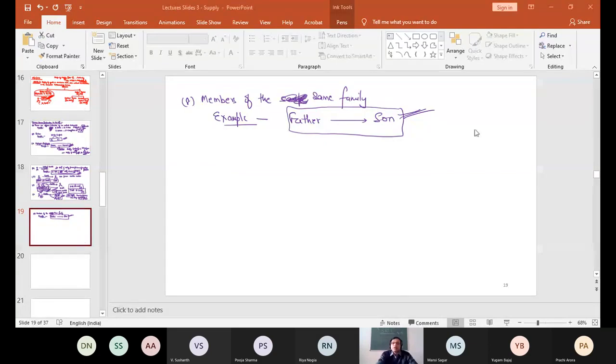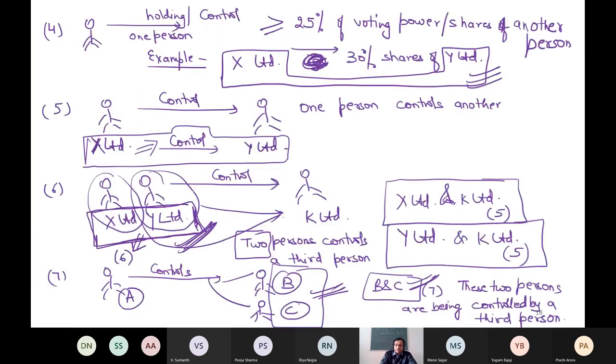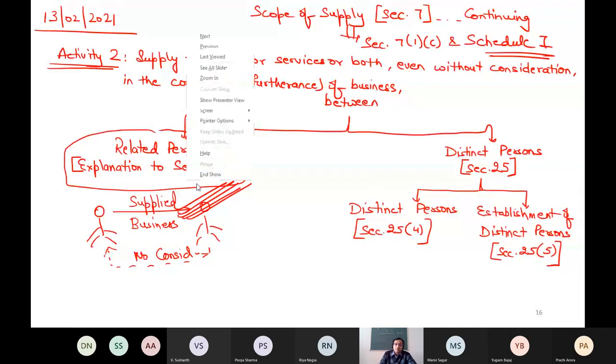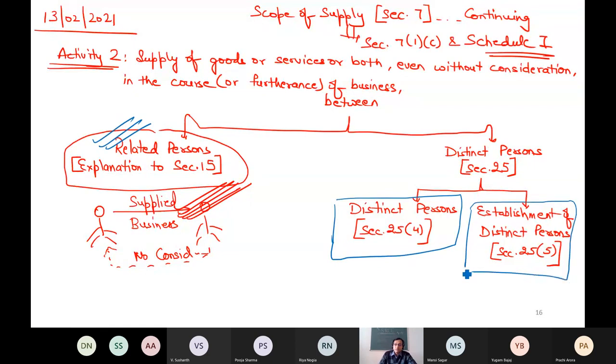Okay, great. Now next, let me proceed. For the time being, I have discussed only related persons. Now there is a need to discuss supply between distinct persons. Now the turn is to discuss with you supply between distinct persons.